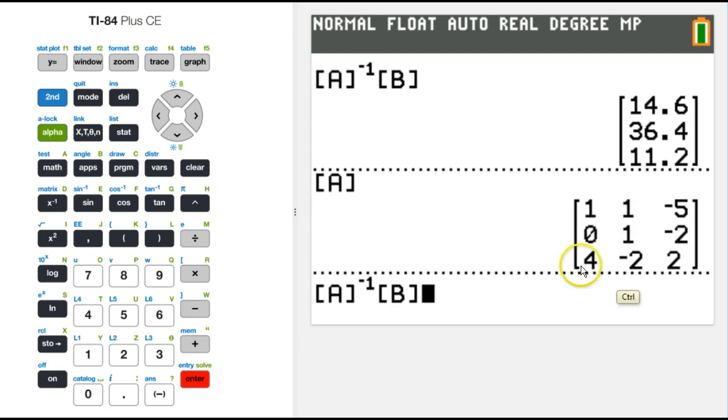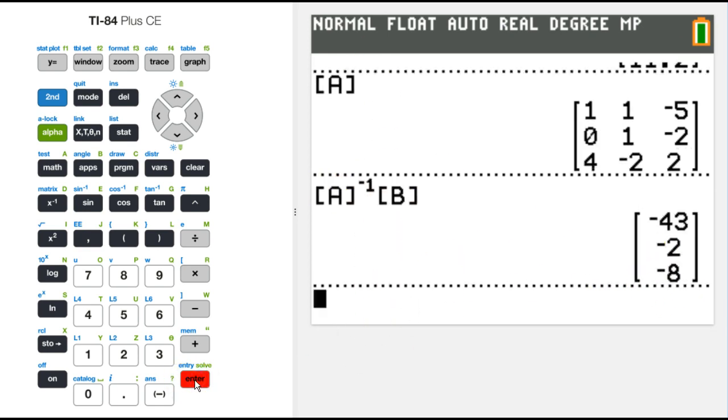All right, I had typed in the bottom row of matrix A wrong. So I think I've fixed that now, so let's see how it goes. All right, are these the answers that you guys were getting? Yeah. Okay, so there we go. -43, -2, -8.